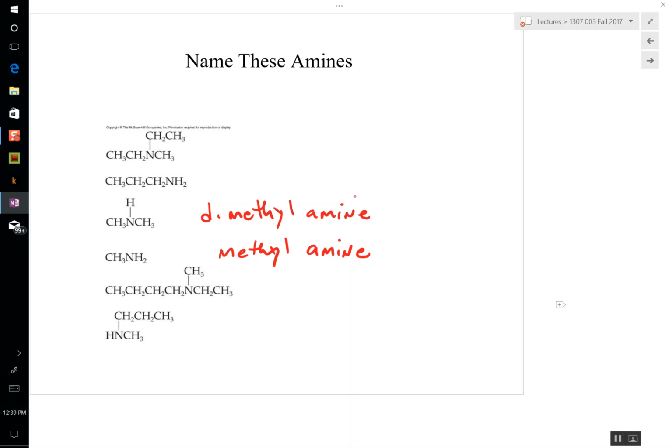How many carbons do we have there? 3. No, it's not tri. 3 carbons would be propylamine. Just propylamine.